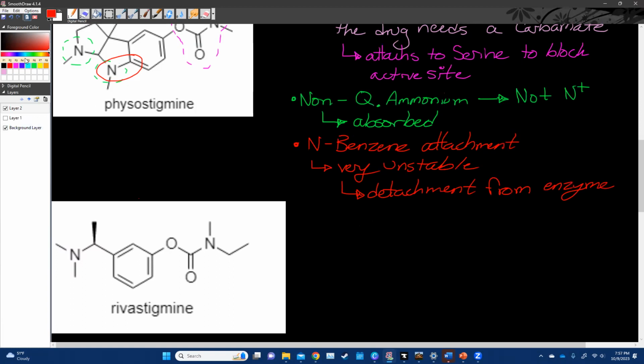Same thing, right? We have our N aryl group O. We have our carbamate, which is going to increase stability as well as provide serine attachment.